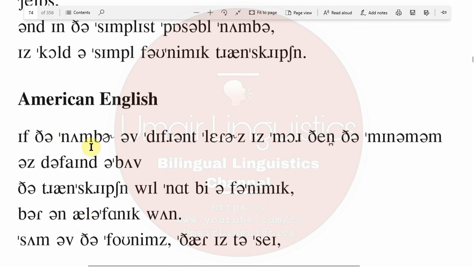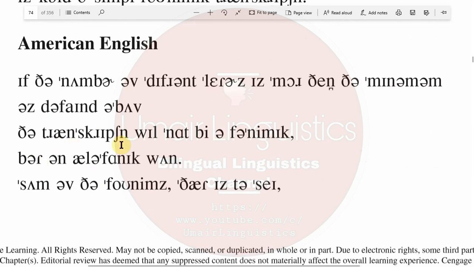If the number of different letters, it is actually the alveolar tap letters, is more than the minimum as defined above, the transcription will not be phonemic but an allophonic one.